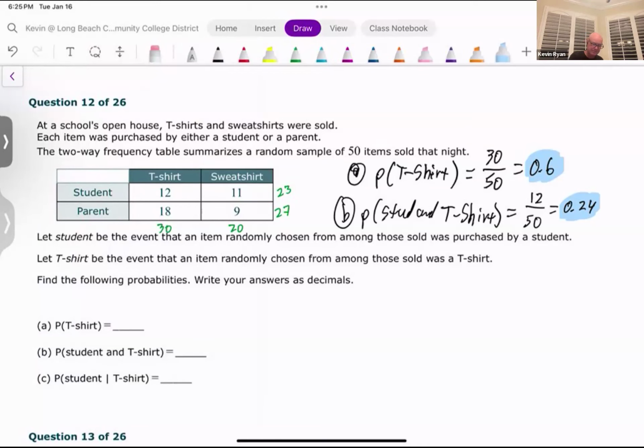All right, part C. Probability student given that we're looking at t-shirts.